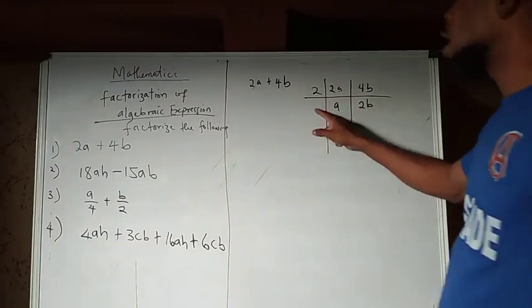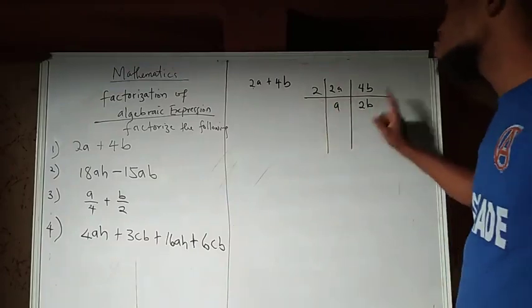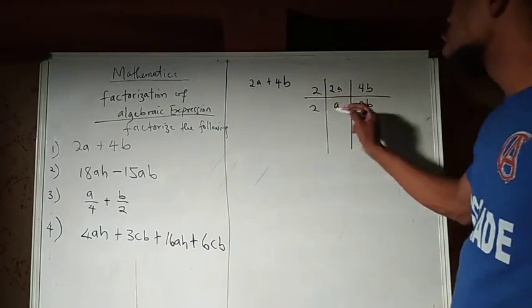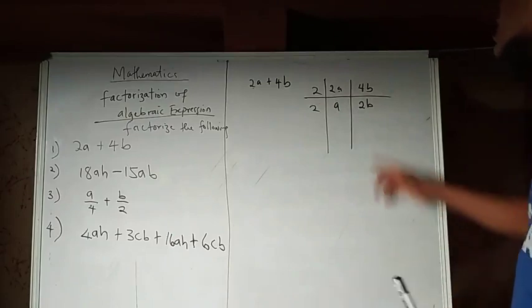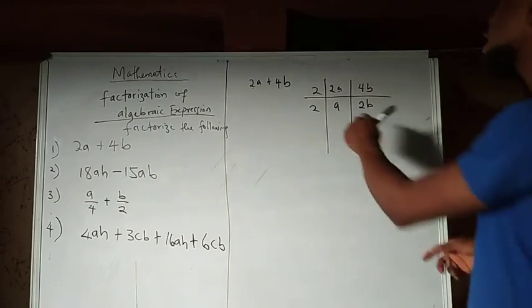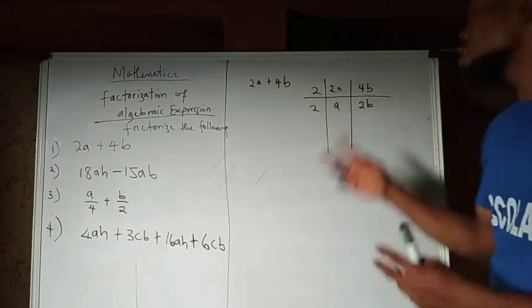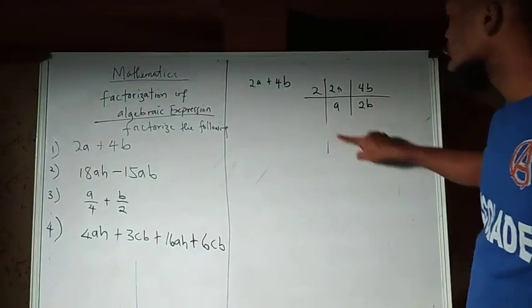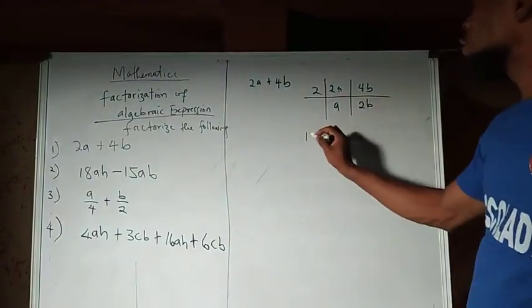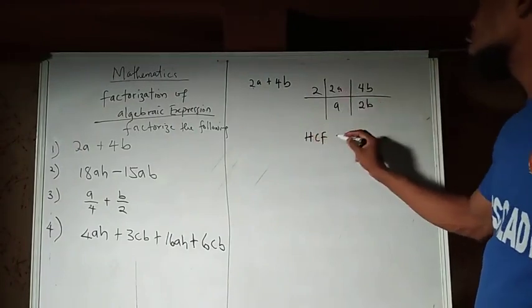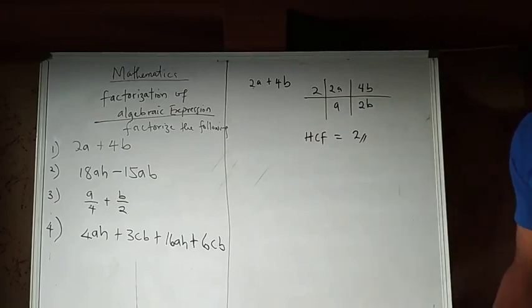Is there anything that can divide a and 2b? No. If I bring in 2, a cannot be divided by 2, but 2b can. Since both of them cannot, we just end it here. So the highest common factor of 2a and 4b is simply 2.